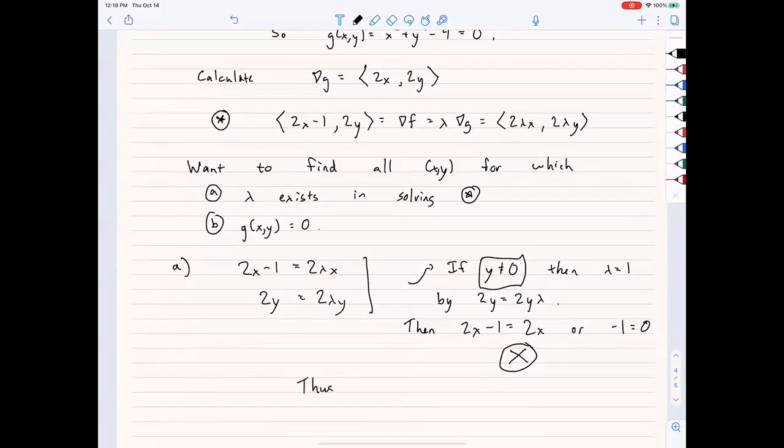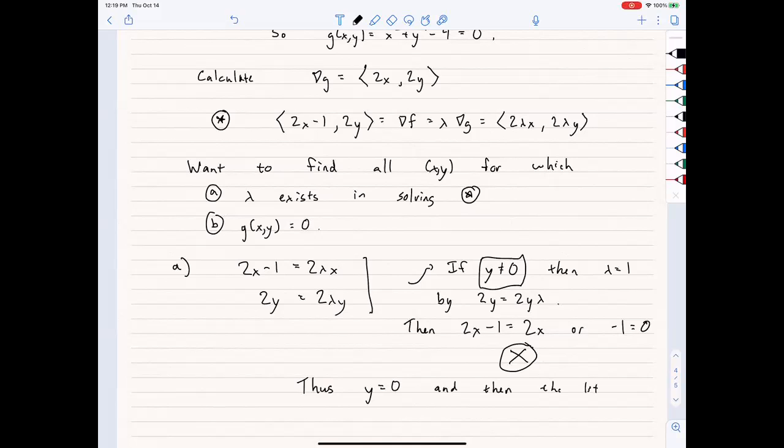So thus, y must equal 0. And then x can be whatever is possible. The first equation will have a solution, and I don't really care.